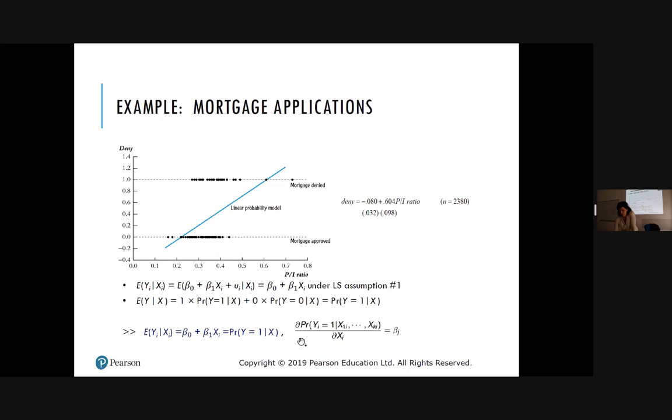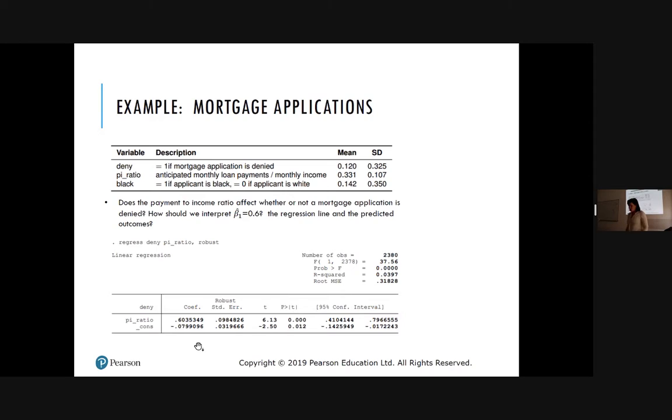Okay, so this is the difference in the probability that y is equal to 1 when x increases by 1. So this is the interpretation that we assign, and given this estimation, basically estimating a coefficient equal to 0.6, we are saying that by increasing the payment to income ratio by 1 unit, the probability that the application for the mortgage will be denied increases by 0.6.